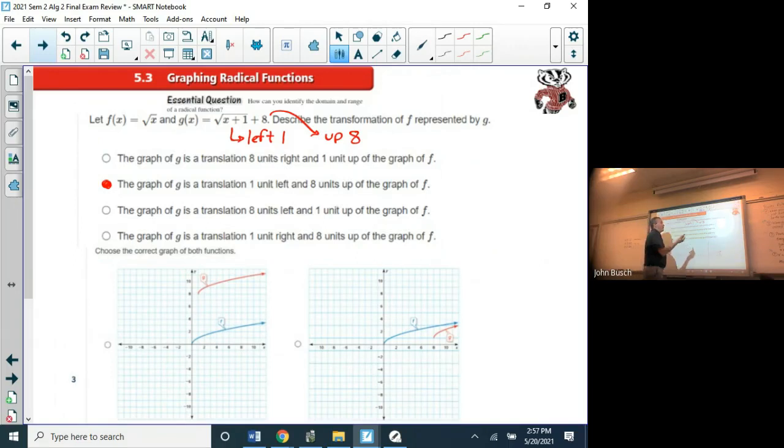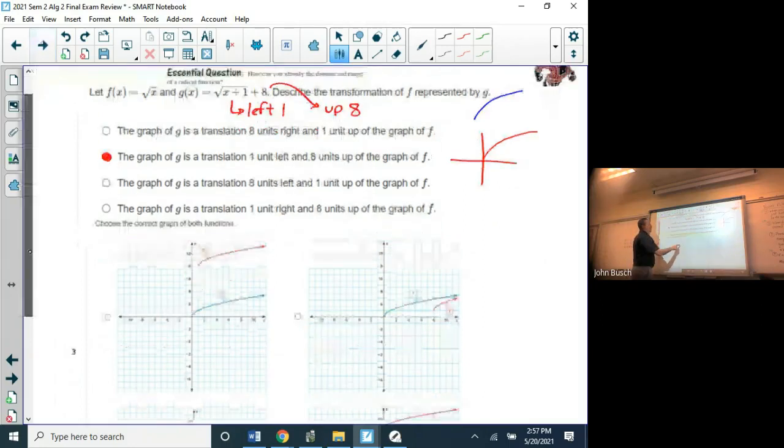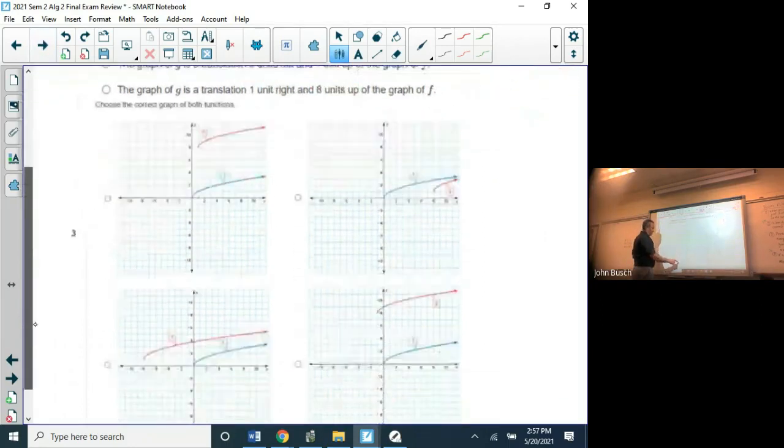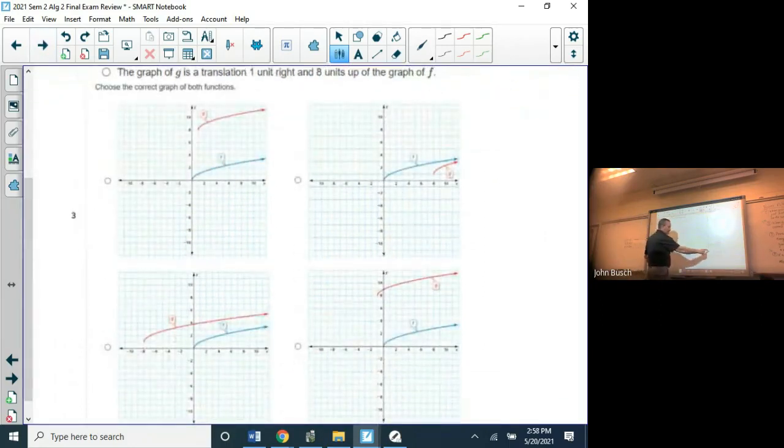And the regular square root of x, remember, looks like that. And if it goes left 1, up 8, it should be like that. So it's this one.